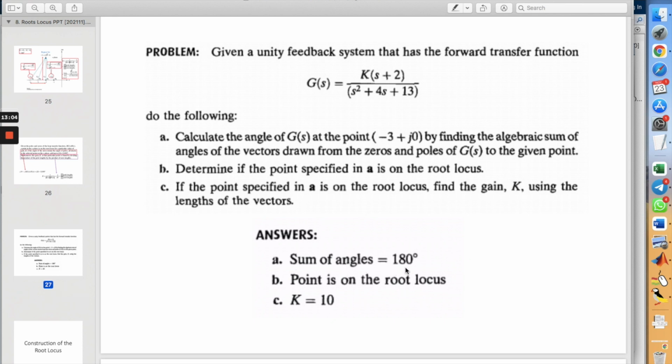The sum of angles is 180 degrees. The point is on the root locus because it meets one of the criteria, and K equals 10, found by using the lengths of the vectors: the product of poles divided by the product of zeros. I need you to try this on your own. Make sure that you can get these answers A, B, and C.